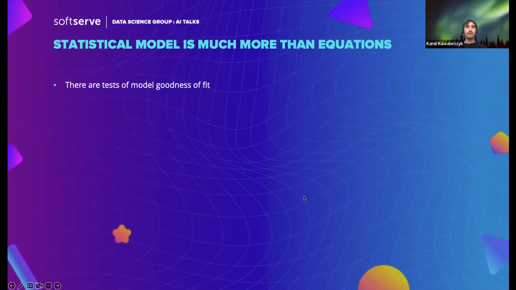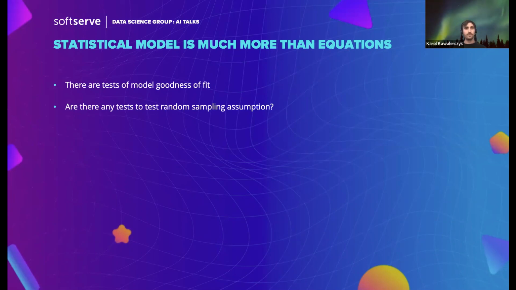But if we take the statistical model as a whole, so for example, picking the data in a proper way, there are no tests that tell us whether the random sampling assumption was fulfilled. We don't know that. In order to follow this assumption, we need to read through the whole process of running an experiment. We need to run through the whole research and use our common sense whether that was done the proper way. And that really affects the p-value over here.